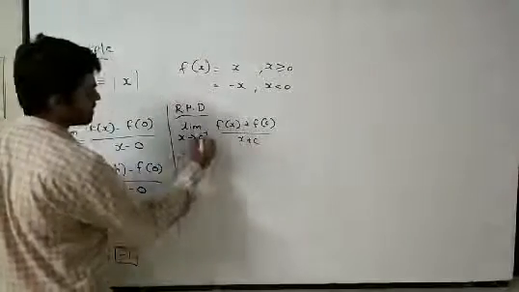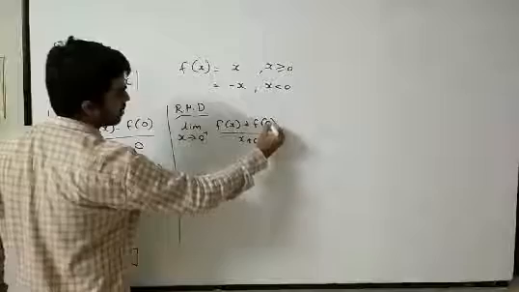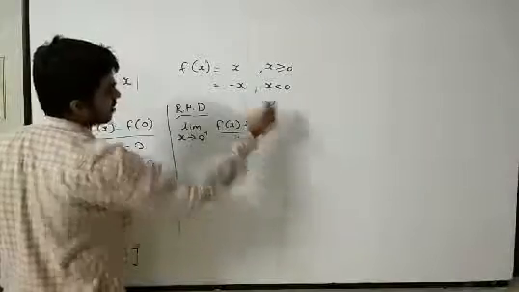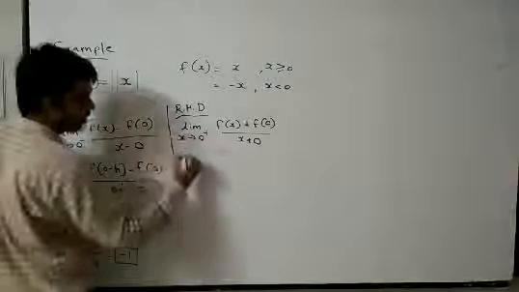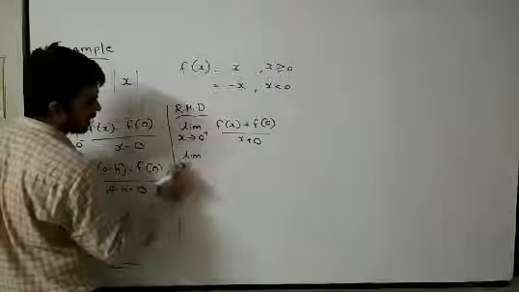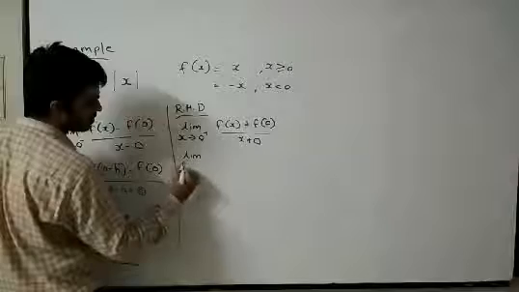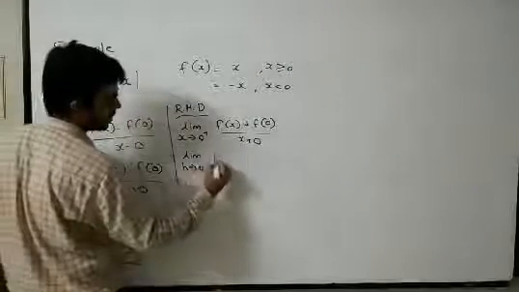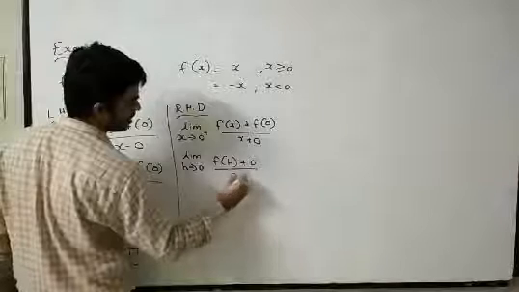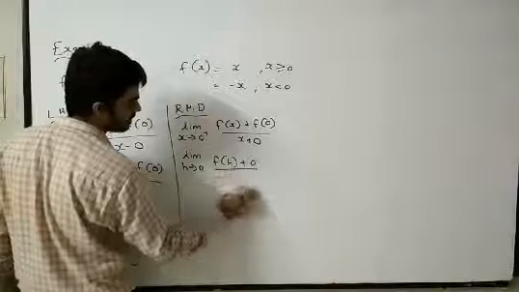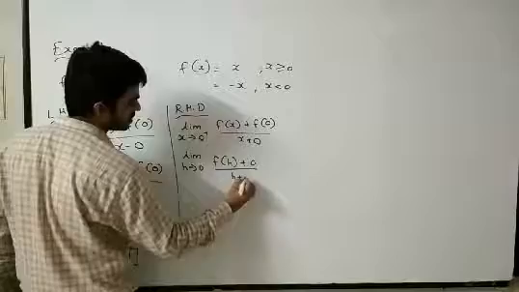Now wherever c is there you have to put 0, because we are checking at this point 0. You write this in the next step, but I have written it over here only. Then limit x tends to 0, f of x plus 0 divided by x plus 0.